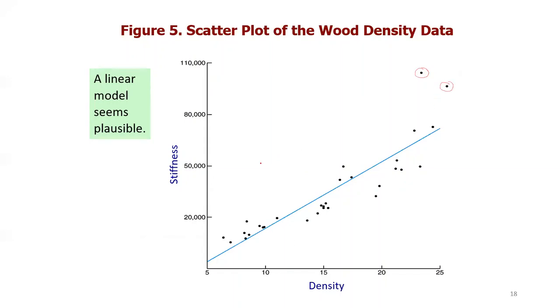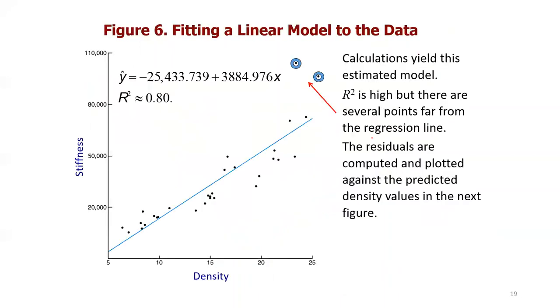In fact, maybe something like this curve may define the relationship between stiffness and density better than a linear relationship. We don't know. We will just look and see.